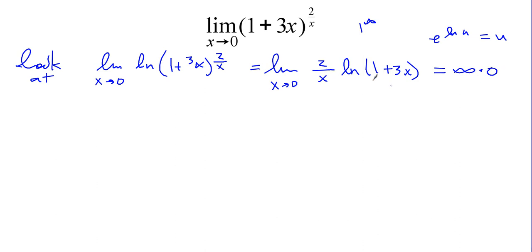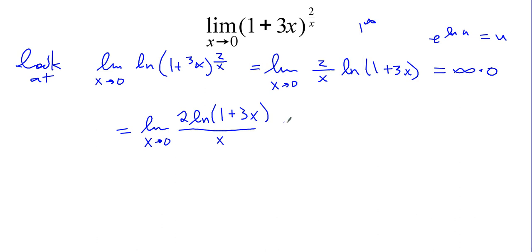We can drop the x into the denominator and get the limit as x approaches 0 of 2 times the natural log of 1 plus 3x all over x. And now we're in the form 0 over 0.